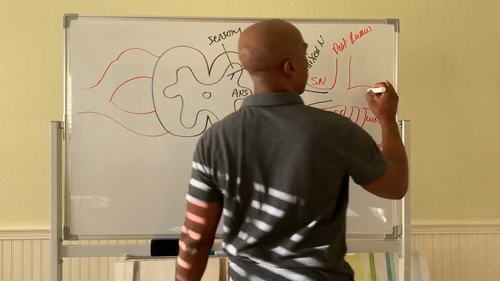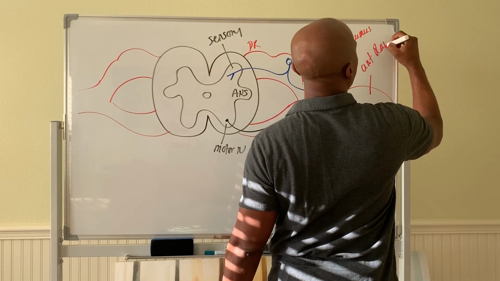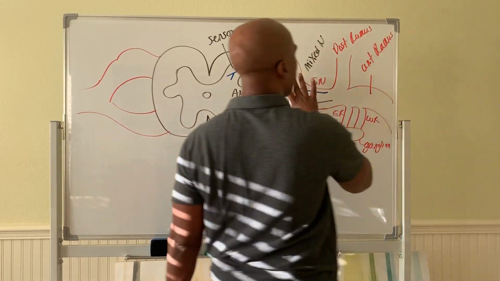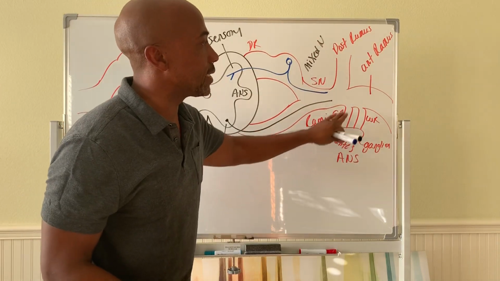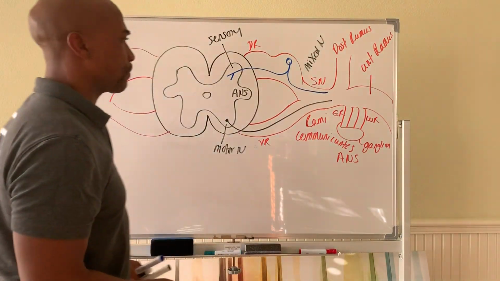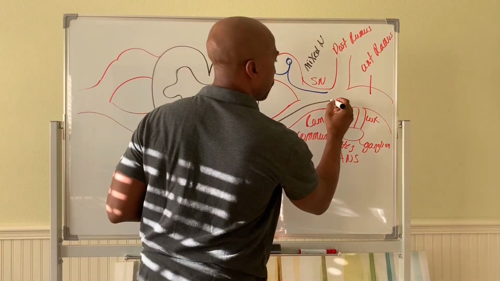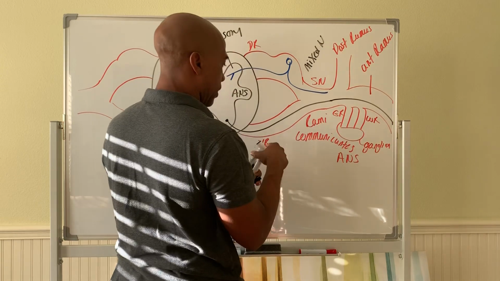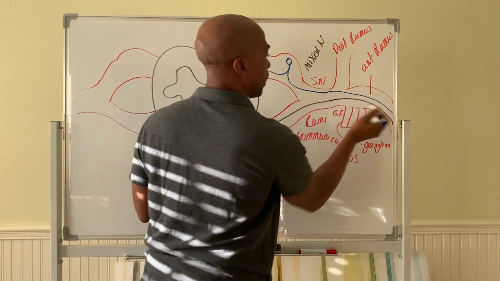And then this ramus here is your anterior ramus. I want you to know the 3 rami that branch from the spinal nerve: the posterior ramus, the rami communicantes, and the anterior ramus. Of course, these neurons will still travel through here. Normally they travel through that part there. These neurons travel through here as well.